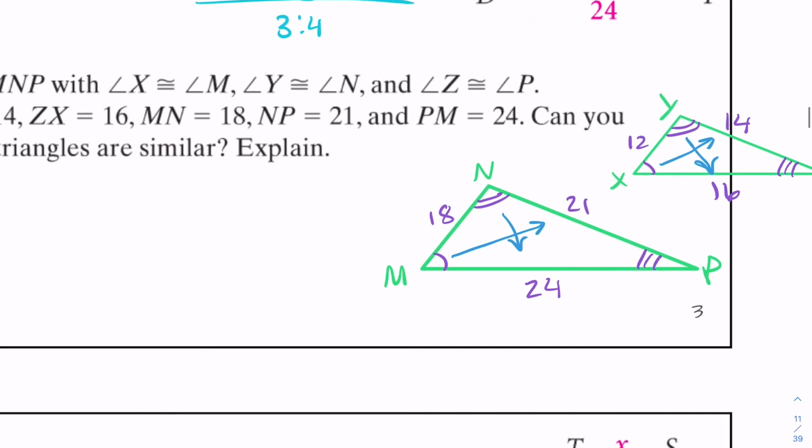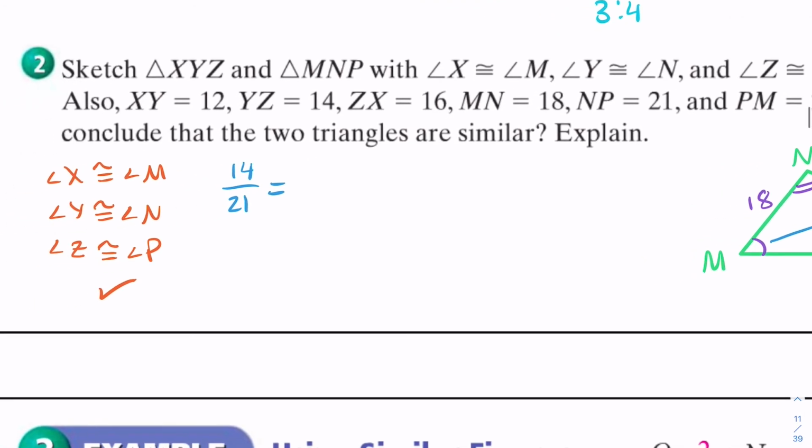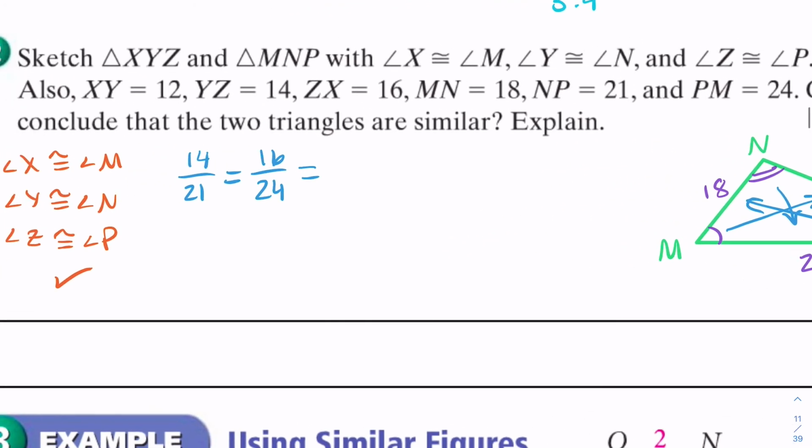Yeah, I'm sorry. So I'm doing 14 to 21. I'm starting with the top one, the smaller one. So 14 is to 21. So I have to go back, and 16 is to 24. So it's going to be smaller to larger again. And then the last ones, which is 12 to 18. And we are just going to see if this all simplifies.